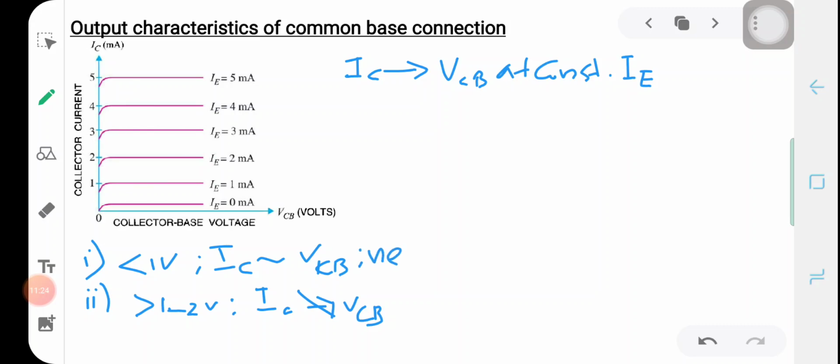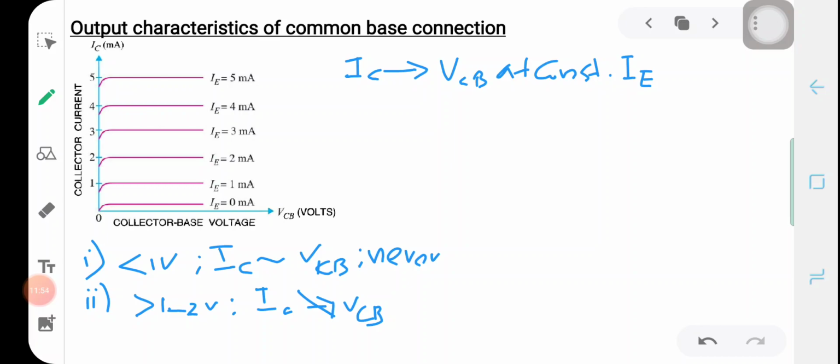We will operate the transistor only in the region where the collector current is independent of the collector base voltage.